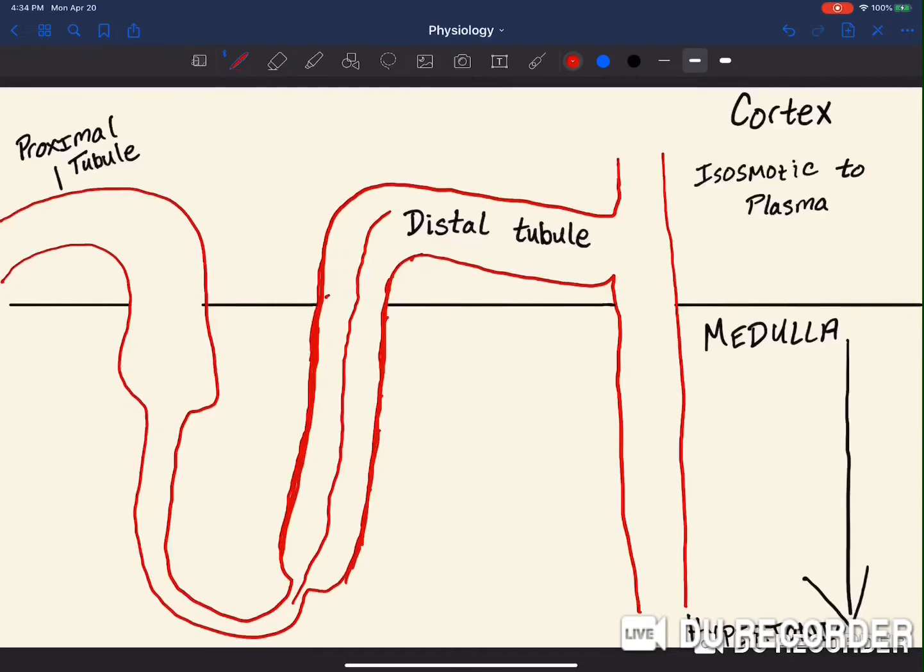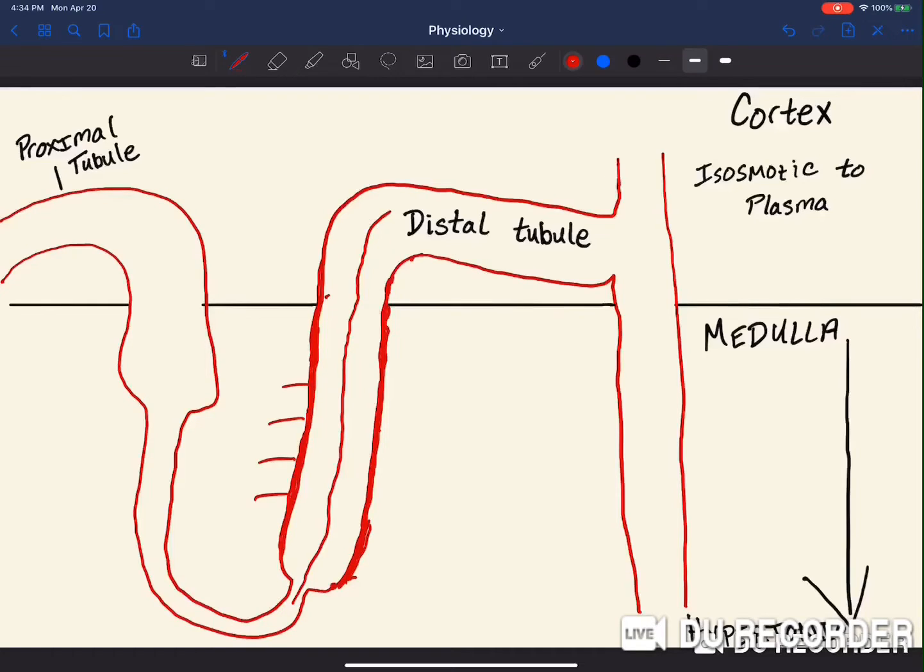So when the sodium goes out, it increases the osmolarity of the medulla. Okay? So we're going to just show the sodium going out this way.